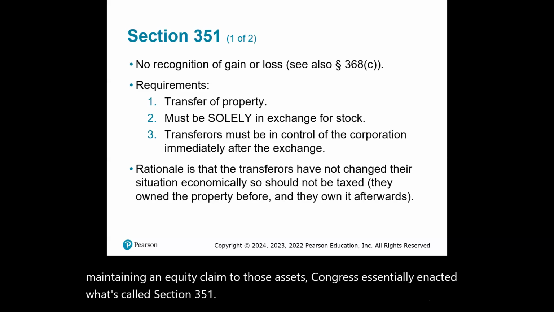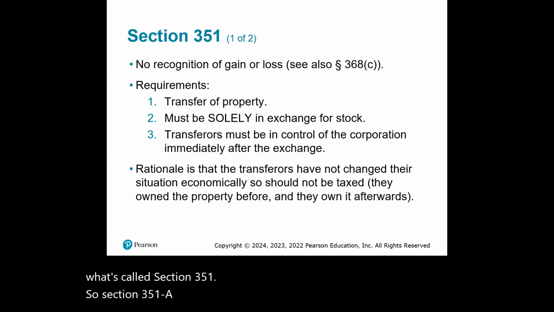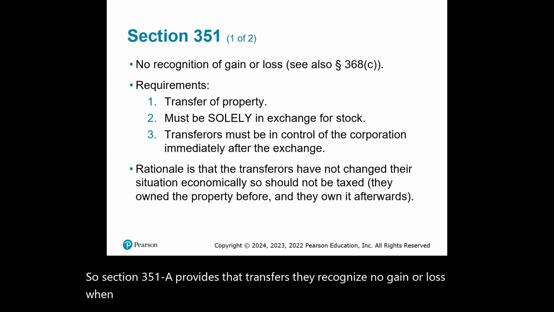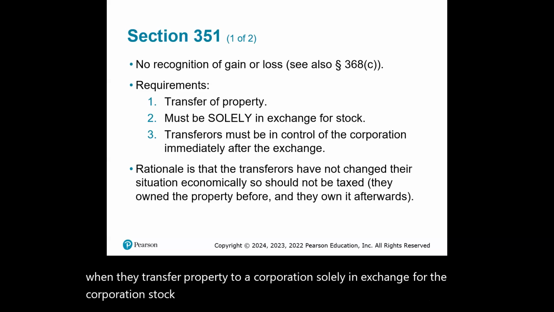Section 351(a) provides that transferors recognize no gain or loss when they transfer property to a corporation solely in exchange for the corporation's stock, and if immediately after they have control of the corporation. So just keep that in mind.